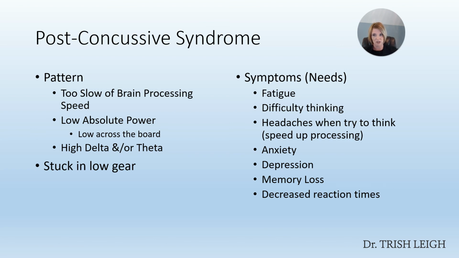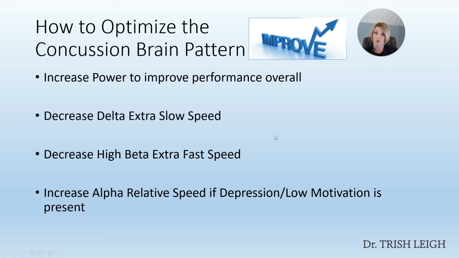Okay, so the post-concussive syndrome brain has too much slow brain processing speed and too little power across the board. High delta and theta is that too much slow speed. Basically, the brain is stuck in low and slow gear, and that creates the symptoms that we've already talked about. Okay, so how do we optimize a concussion brain pattern? We have to increase power. We have to decrease all that slowness in the brain.